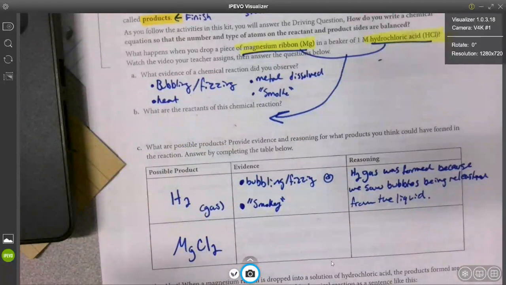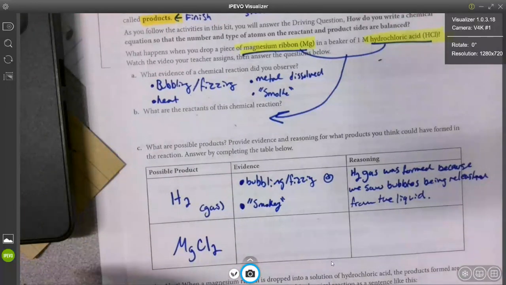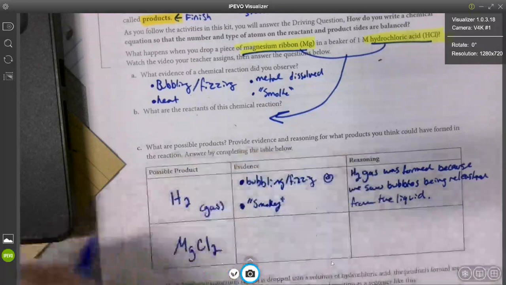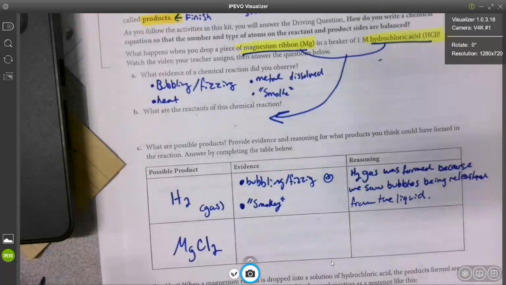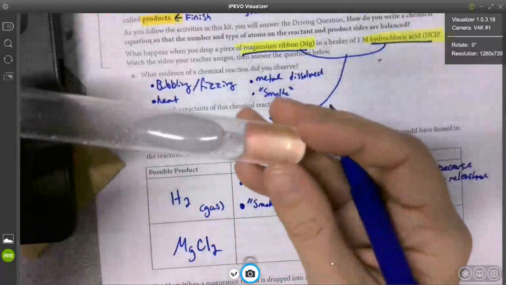Next up would be magnesium chloride. Let's be honest, if I told you to identify magnesium chloride, most of y'all wouldn't even know where to start on that. You're not going to know how, just to be honest. So the only way that we know that magnesium chloride was produced is because, well, we know hydrogen is a gas, and the reaction went on ahead and finished.